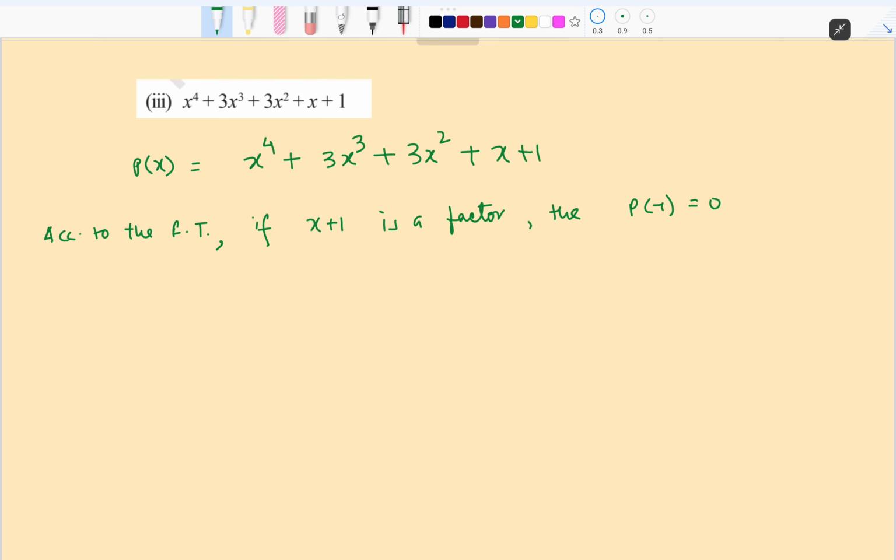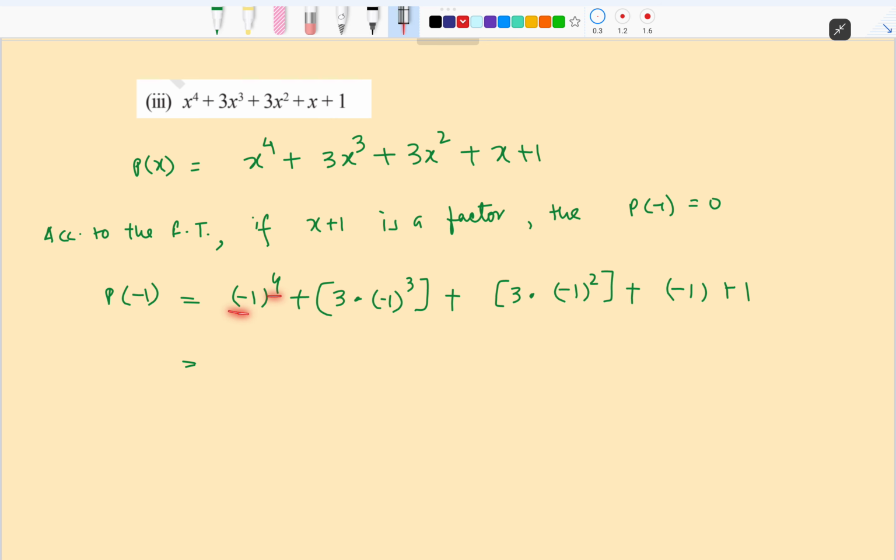Now let's check. p of minus 1 is minus 1 to the power 4 plus 3 into minus 1 cube plus 3 into minus 1 square plus minus 1 plus 1. Fine? So we have minus 1 to the power 4, a negative number to an even power will give you a positive number.